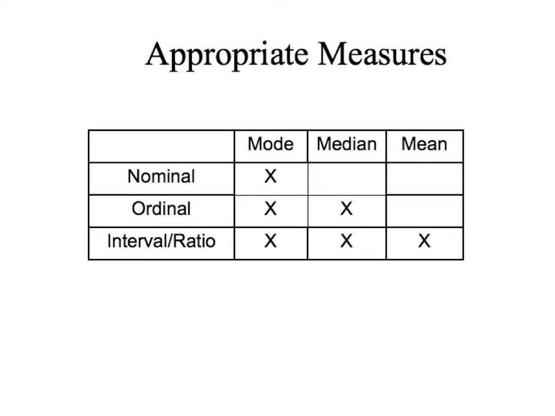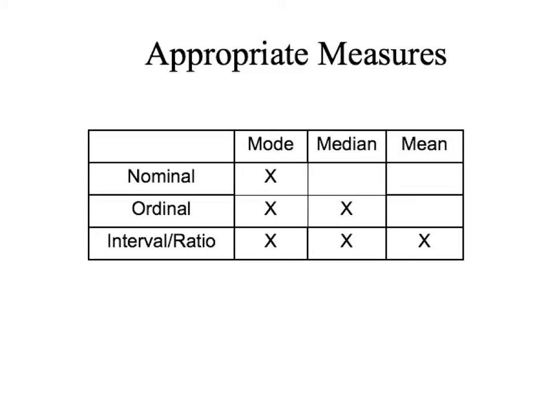As you can see, the mode is appropriate with nominal level variables as well as ordinal level and interval ratio variables. The median is appropriate only with ordinal and interval ratio, and the mean can only be done with interval ratio variables.